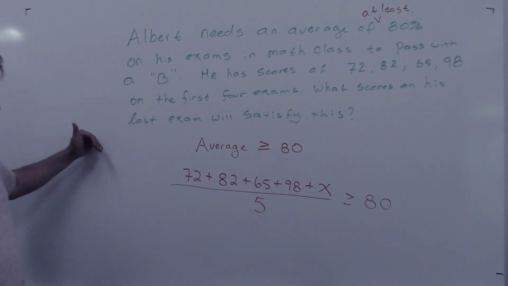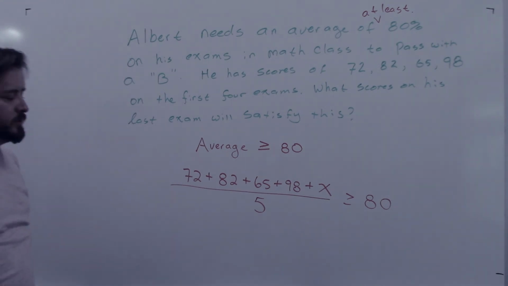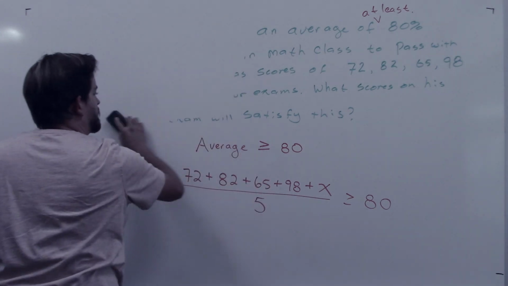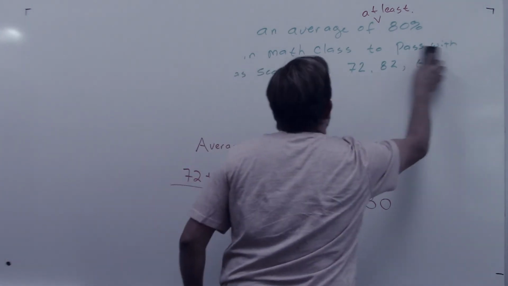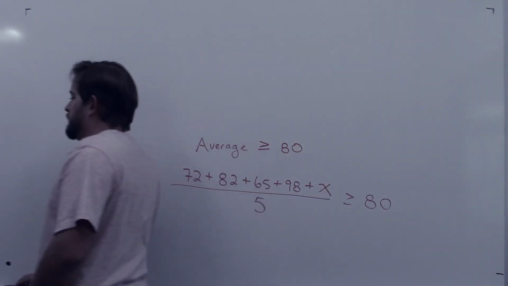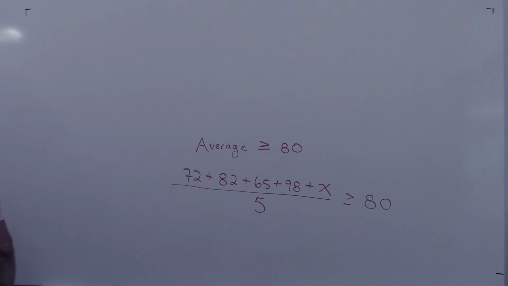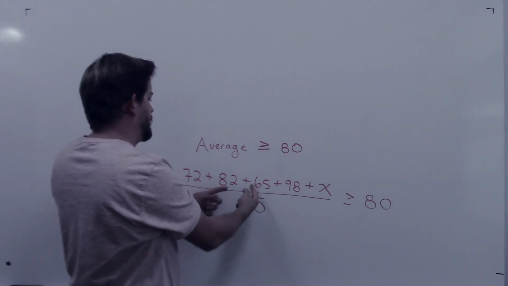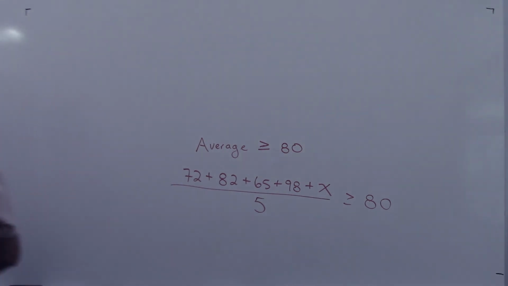I'm going to erase what's in green here, take my problem up so I have room to solve it. So, if I want to make life a little bit simpler, I'm going to add all of these scores together.